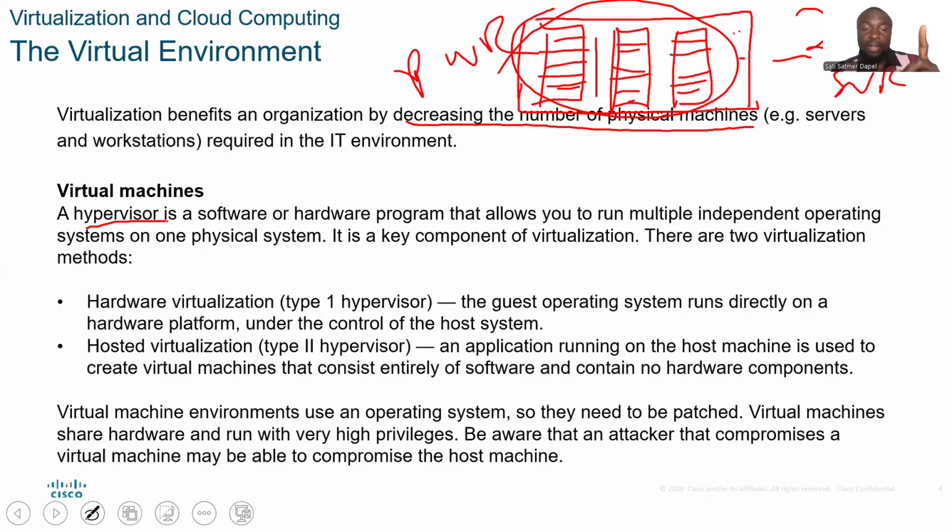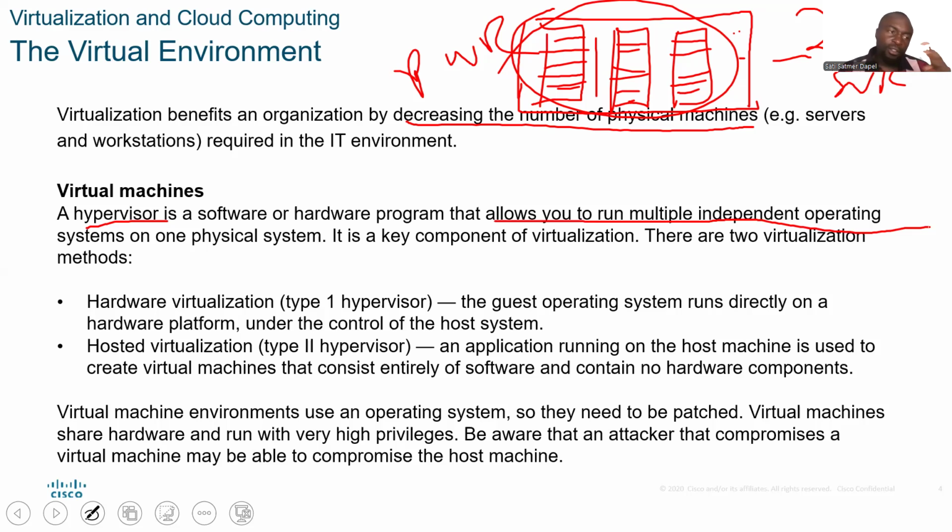So instead of having one server for my mail, another server for my web, another server for FTP, another server for files, another server for database, another server for syslog, another server for NMS, and things like that, you can just have maybe one physical server or two. Then inside it, you will have multiple. So this hypervisor is the guy that helps you to have these services. That's all. So it is a software or hardware program that allows you to run multiple independent operating systems on one physical server.